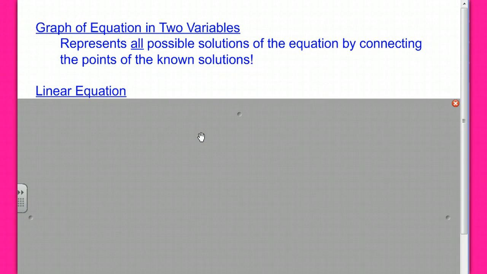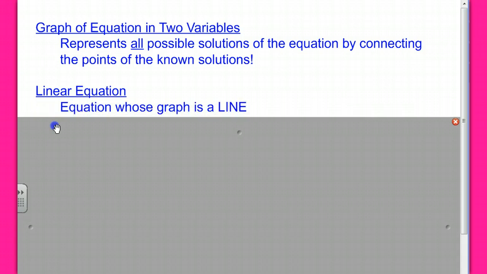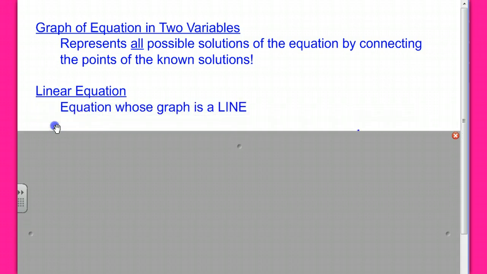And a linear equation gives us a graph that looks like what we were just describing, right? You see the little word of this type of graph in the word linear. It is not going to look like an ear. So the little word is a line. We're graphing lines when we're graphing linear equations. So when you hear that word linear, you think line.